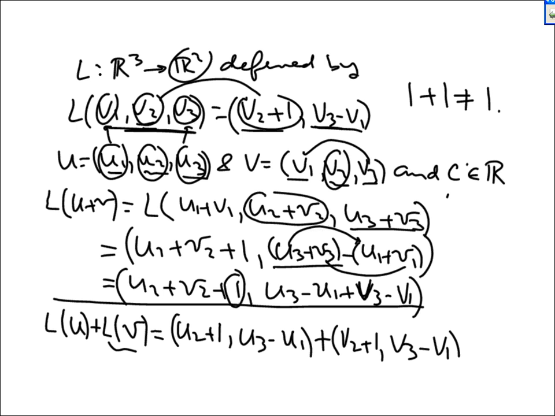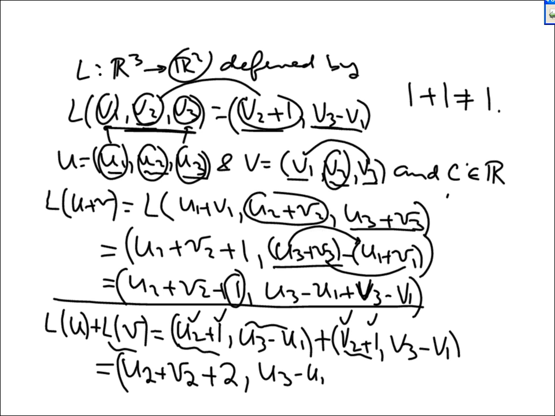Now, when you add these together, first you add the first components. And you're going to get u2 plus v2, and also 1 plus 1. The problem is 1 plus 1 is not 1. It's 2. And when it comes to the second components, you get u3 minus u1 plus v3 minus v1.